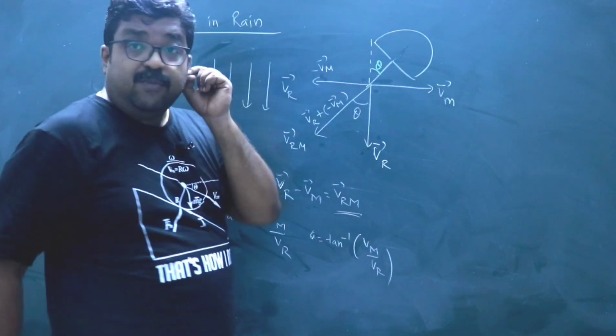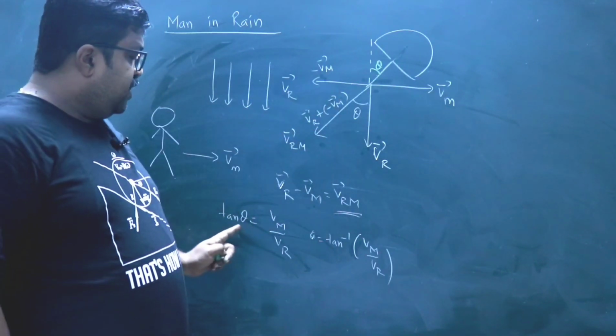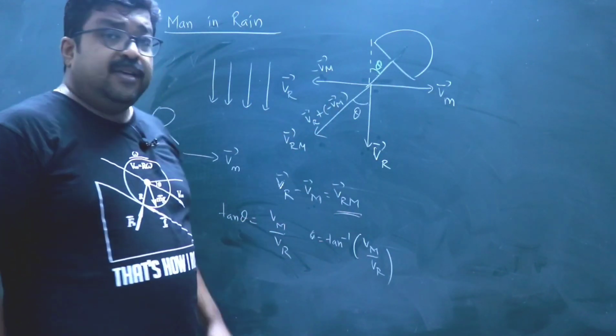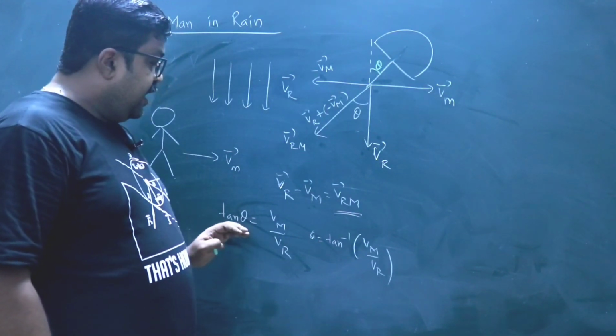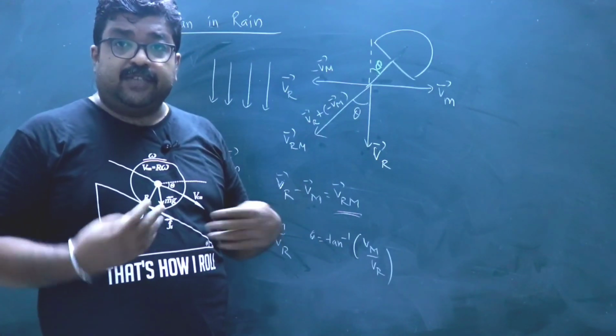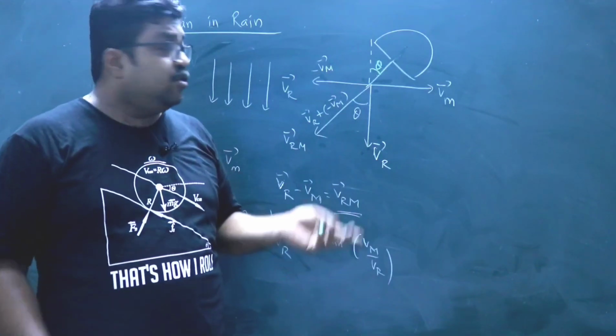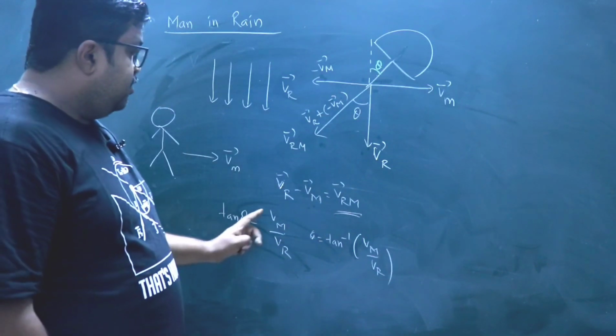Now you may have a doubt: this is Vm, this is minus Vm, so while calculating tan theta, why am I taking Vm without any sign? Because the angle is the ratio of sides, the ratio of lengths. Length means magnitude, so we only need to take the magnitude. So tan theta equals Vm by Vr.